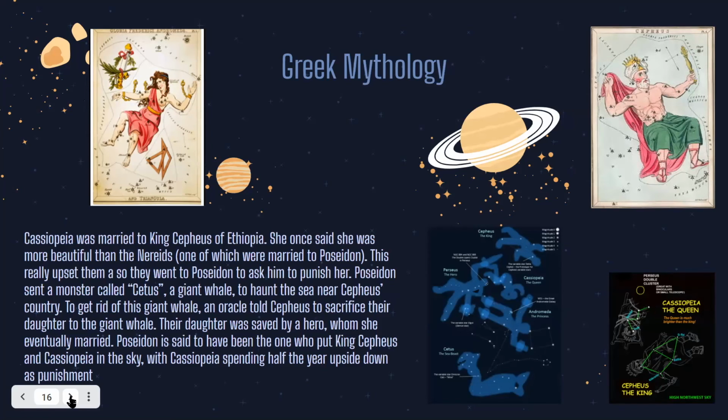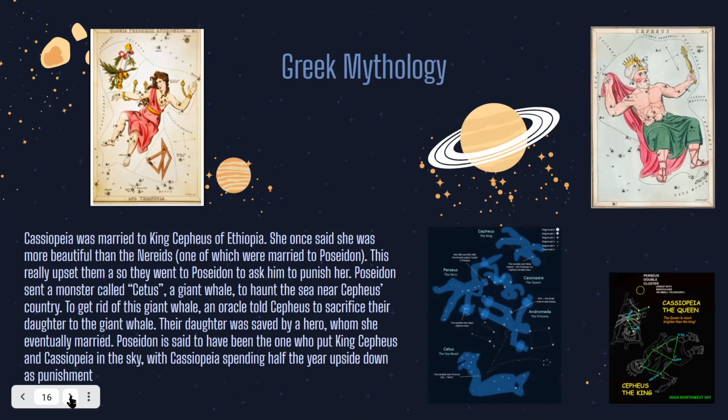This really upset them, so they asked Poseidon to punish Cassiopeia for gloating that she's so beautiful, because they thought differently. So Poseidon sent a sea monster named Cetus, a giant white whale, to haunt the seas near Ethiopia, so it would burden the whole country and spite Cassiopeia.